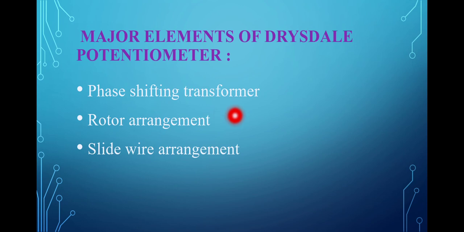So these are the major elements of the Drysdale potentiometer. In general, the Drysdale AC potentiometer is an AC type of potentiometer which measures the unknown voltage in terms of magnitude and phase angle. So this is about the Drysdale AC polar type instrument.